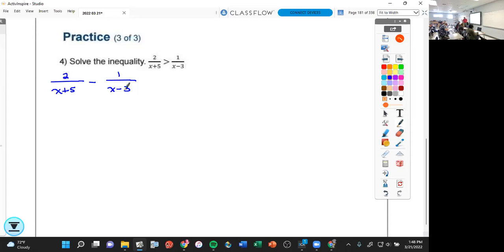And again, I'm going to change this to an equation because I'm solving the related equation. Just because right now all I'm doing is looking for my key numbers. Can I combine those? I cannot because the denominators aren't the same. So what's the common denominator?